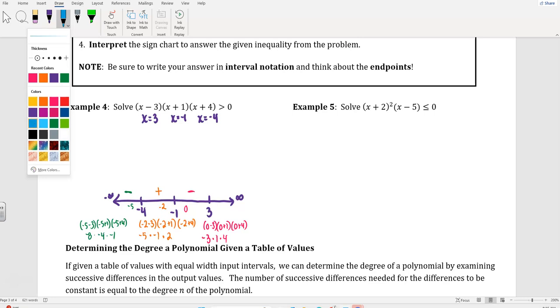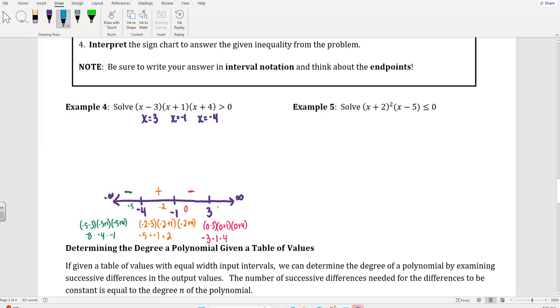And then our last one is going to be from 3 to infinity. And you can pick 4, you can pick 5, you can pick 10, you can pick 1,000, you can pick 1,000,000 if you want. But I'm just going to go with 4 right here. And if I plug in 4, I've got 4 minus 3, 4 plus 1, and 4 plus 4. So this gives me a positive 1 times a positive 5 times a positive 8.